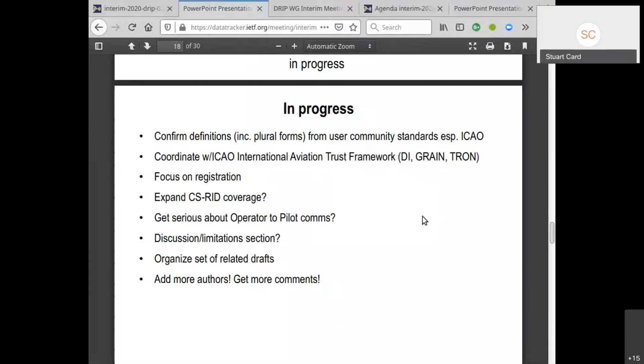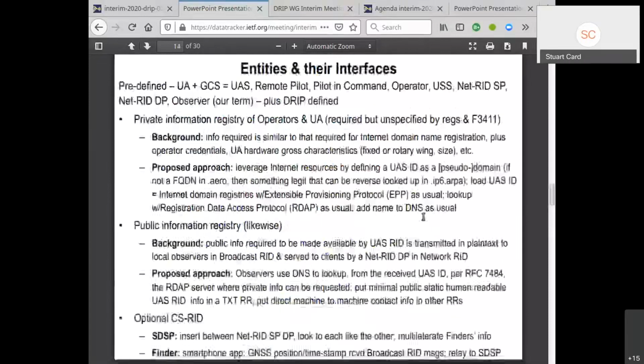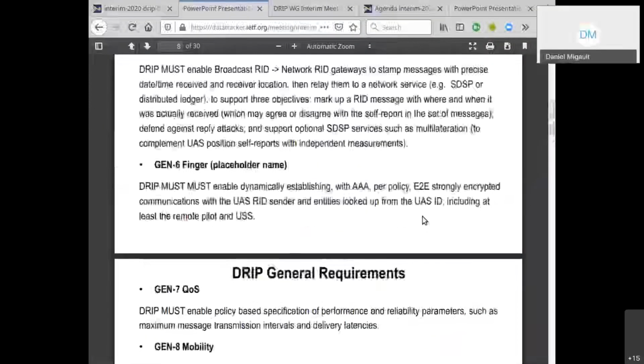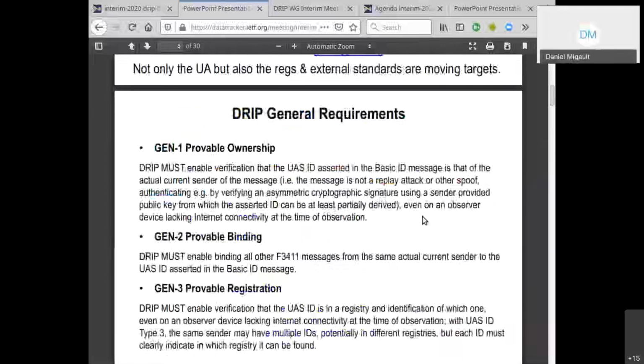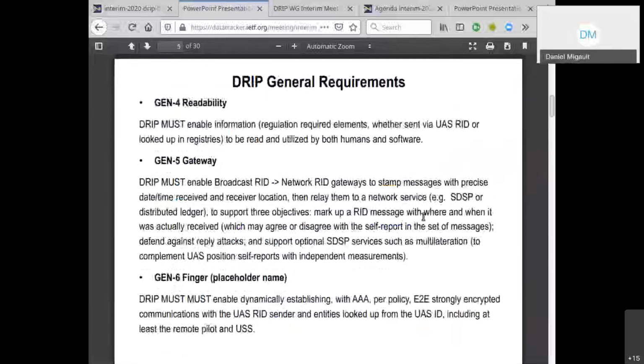Can we scroll back to general requirements? I think the second page of general requirements. Yeah, right there. Gen 6. Dynamically establishing with AAA per policy these communications.